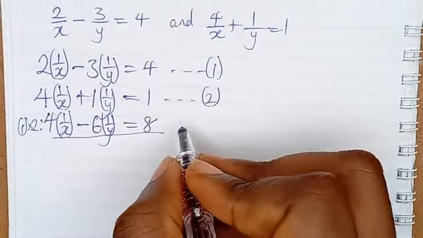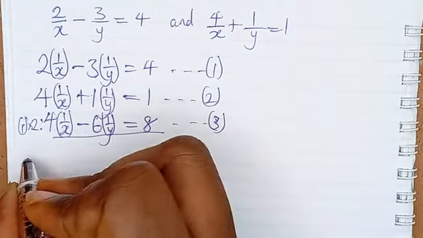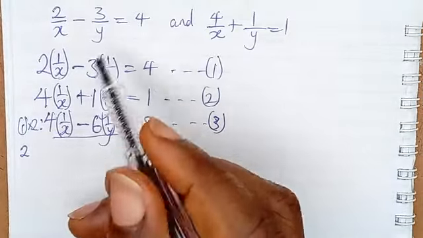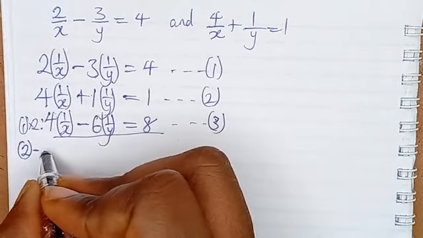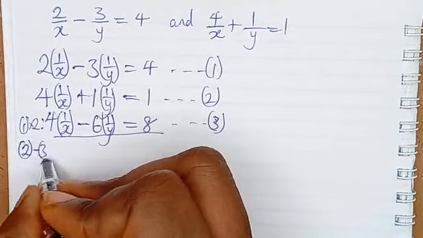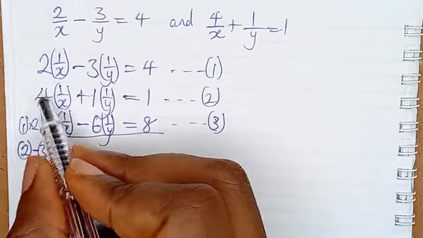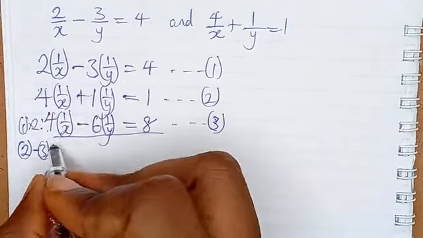So I'm going to call this equation 3, and then I'm going to say equation 2. Let me check whether it's plus. Okay, we are going to subtract equation 2 minus equation 3, because these coefficients have the same sign, plus plus, so we are going to minus them.